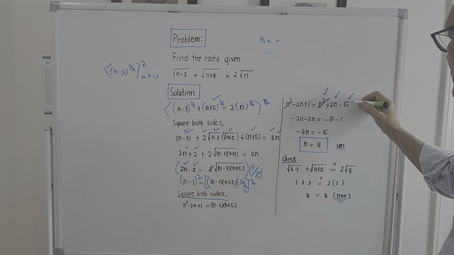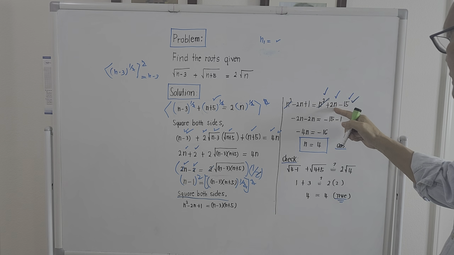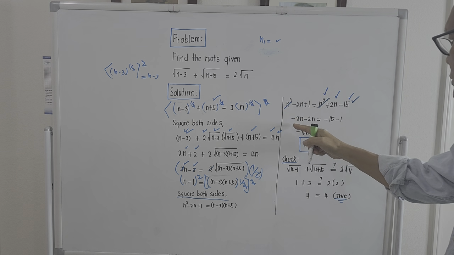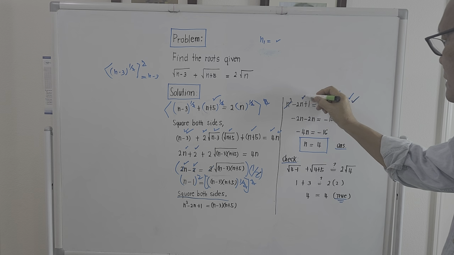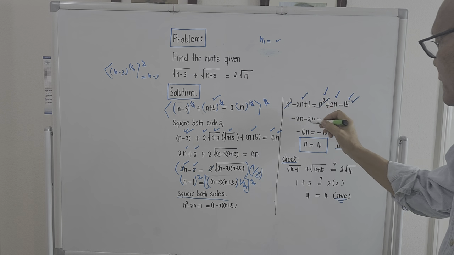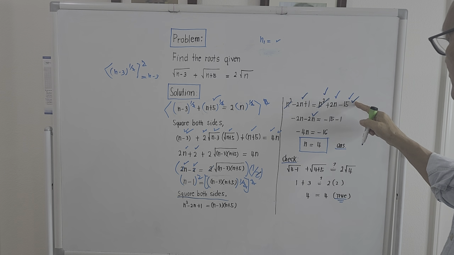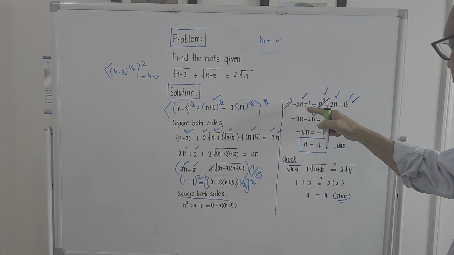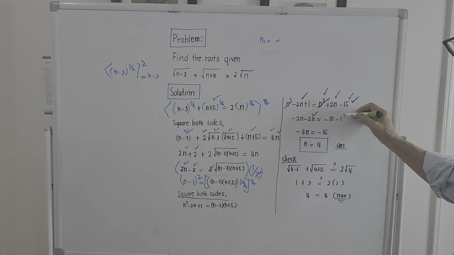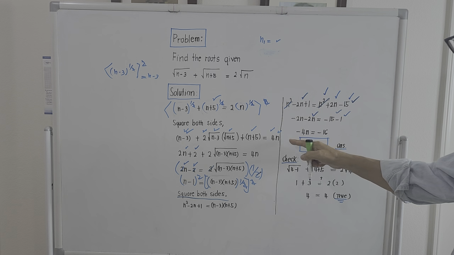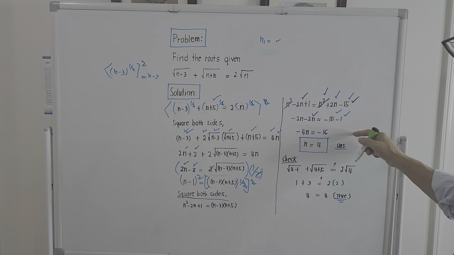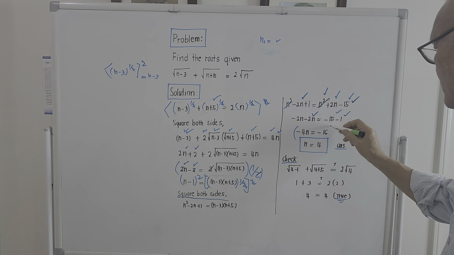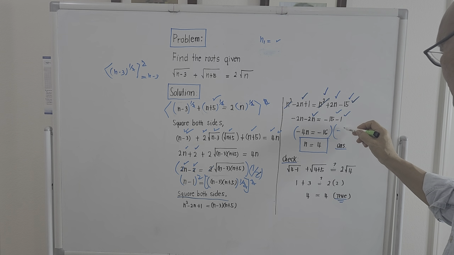We will maintain negative 15 on the right, so we transpose this to the left. So minus 2n, we transpose this to the left, minus 2n. We maintain this one on the right, negative 15. We transpose this plus 1 here to the right, it will be minus 1. Minus 4n equal to negative 16. Again, we will multiply this by negative 1/4.